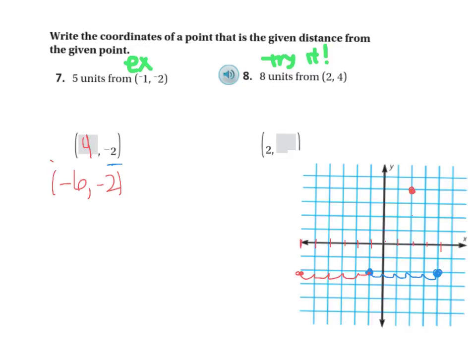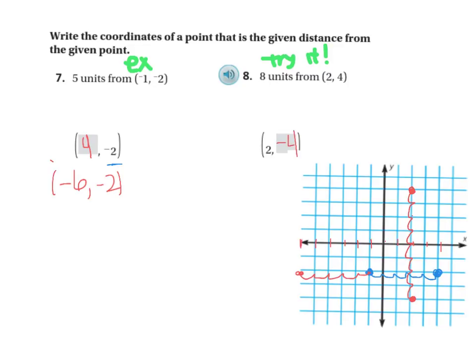And then you wanted to stay on 2. And let's go down 8. 1, 2, 3, 4, 5, 6, 7, 8. And that would put me on still the 2 axis and be -1, -2, -3, -4.